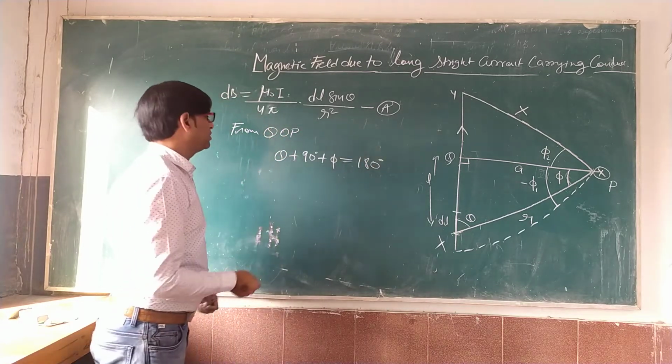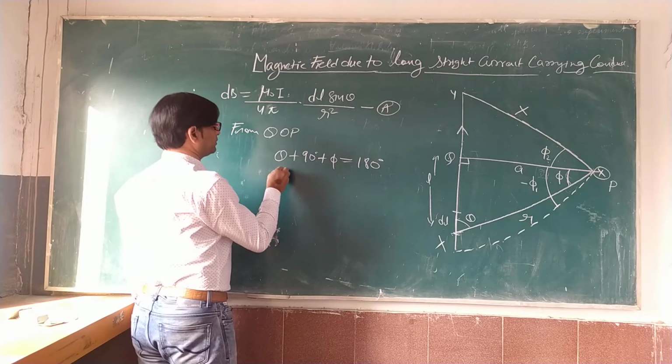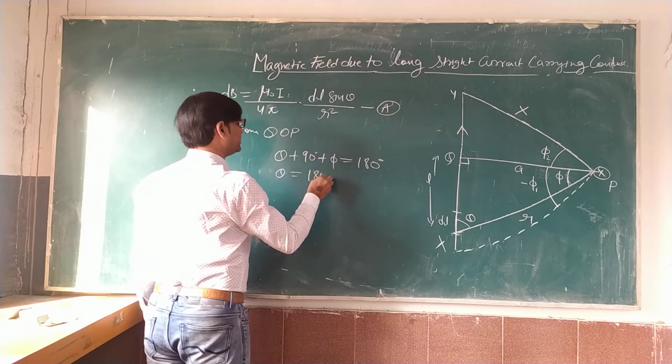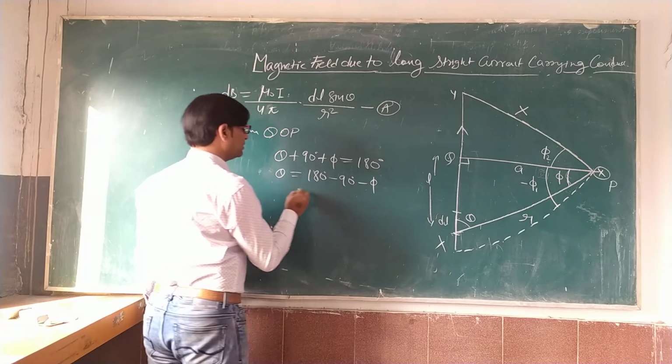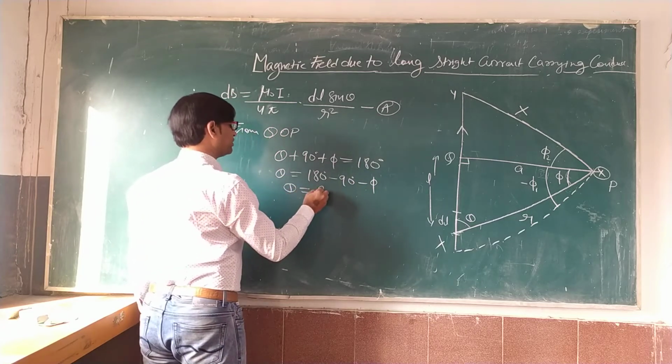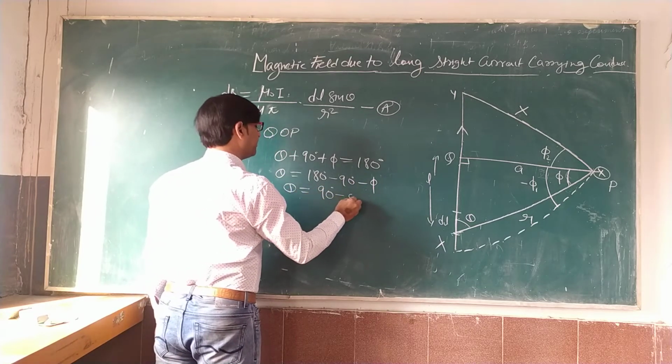This you already know. 180 degree minus 90 degree minus phi will be, theta is equal to 90 minus phi.